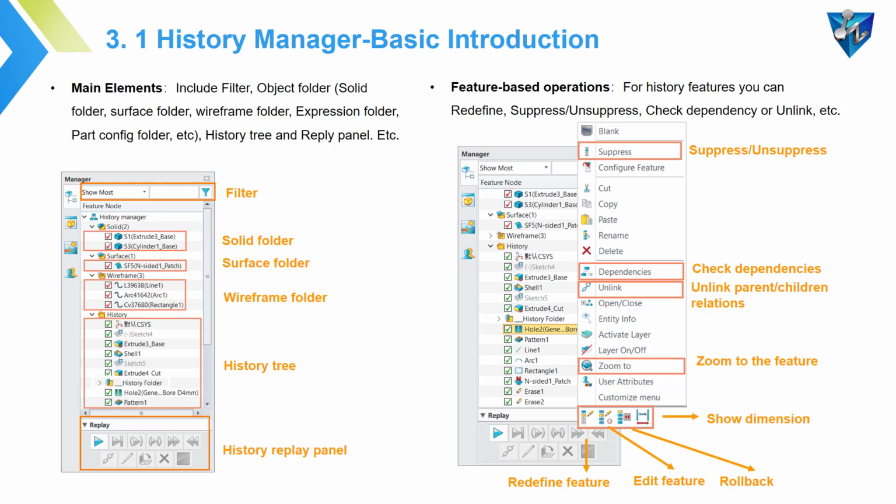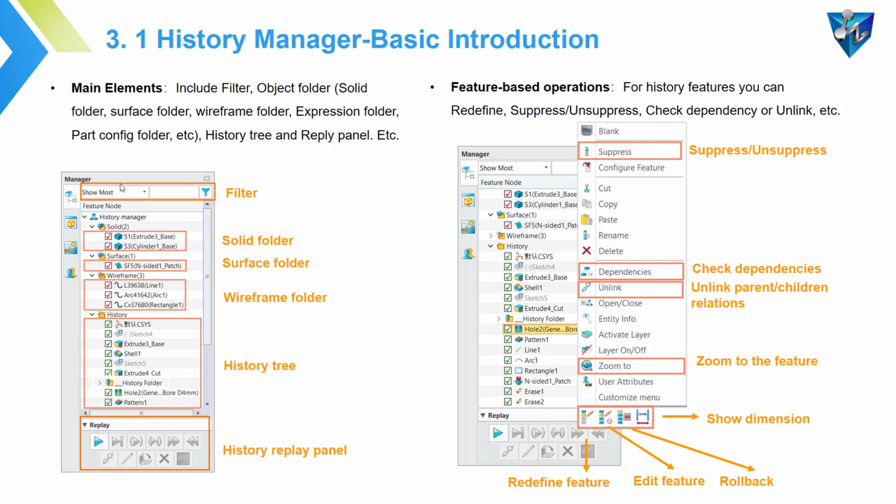So first of all, I will show you the main elements in History Manager. In general, there are four parts inside: filter, object folder, history tree, and the replay panel. For filter, it's easy to understand.